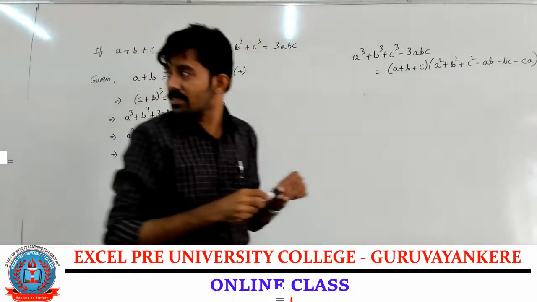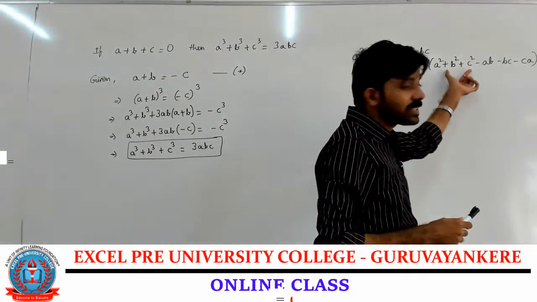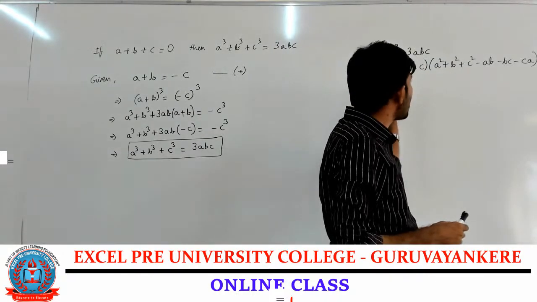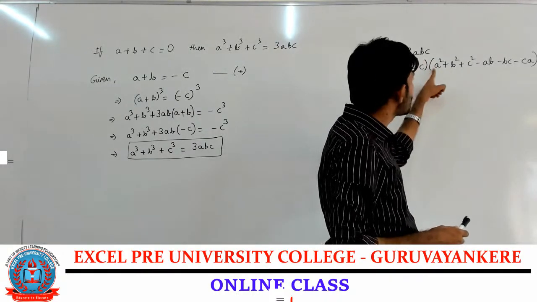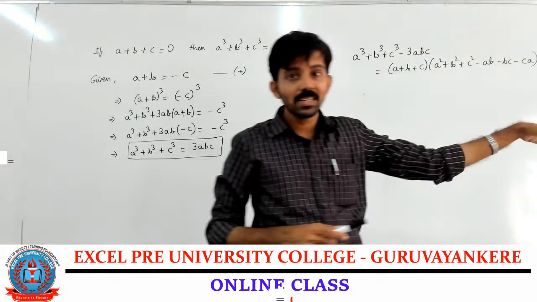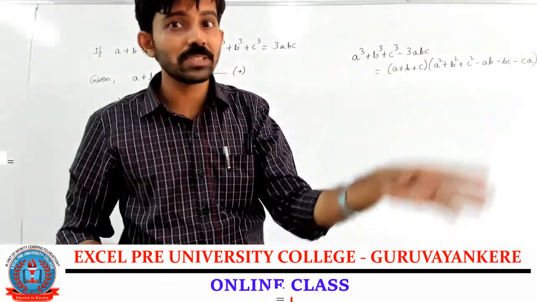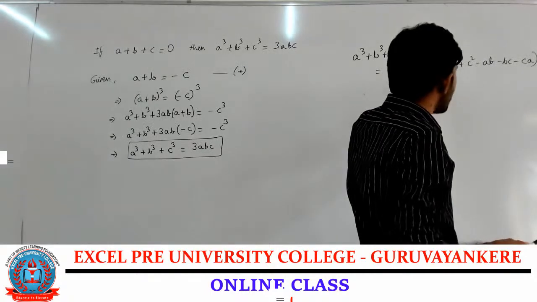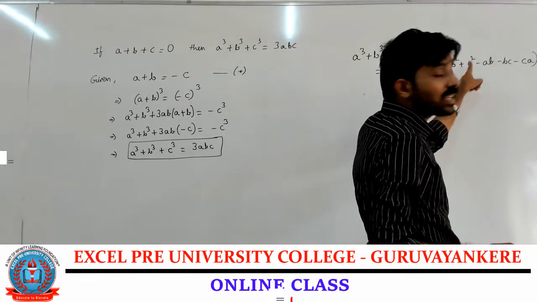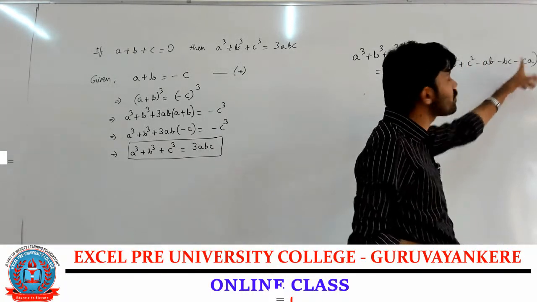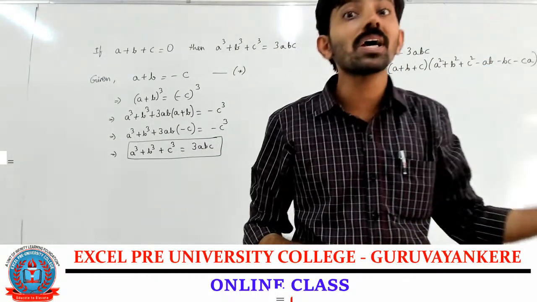Also we simplified this further. Multiplying and dividing by 2, half into 2, and we completed the square there, correct? 2a square plus 2b square plus 2c square minus 2ab minus 2bc minus 2ca. We could complete the square.